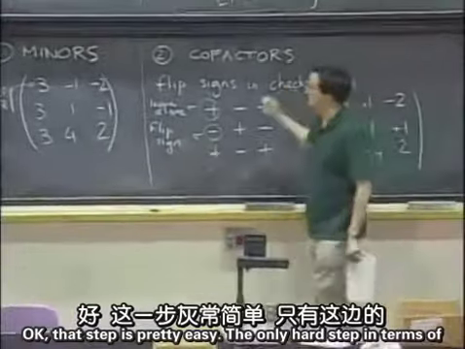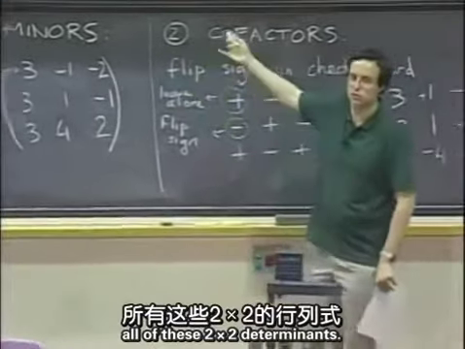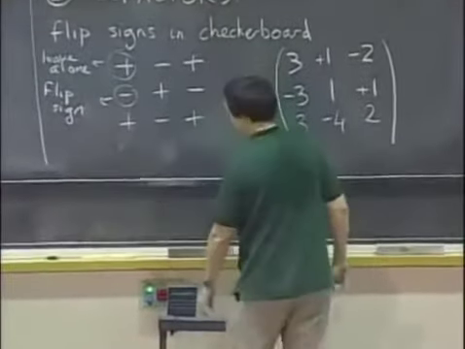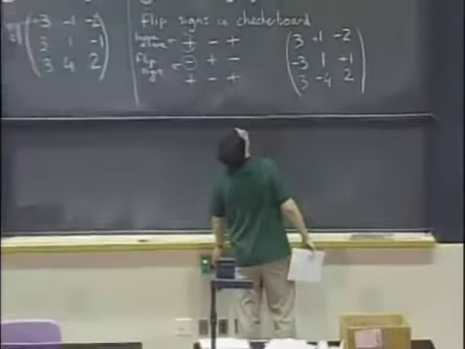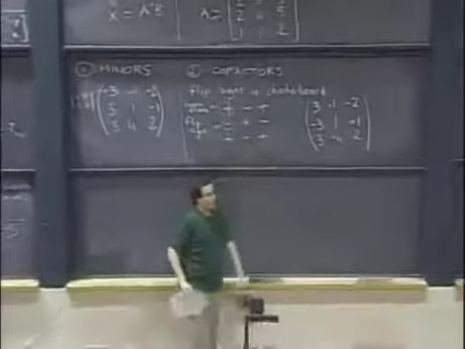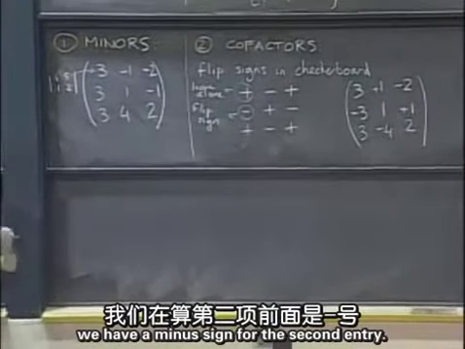This step is pretty easy. The only hard step in terms of calculations is the previous one, because you have to compute all of these 2 by 2 determinants. By the way, this minus sign here is very related to the way in which, when we do a cross product, we have a minus sign for the second entry.